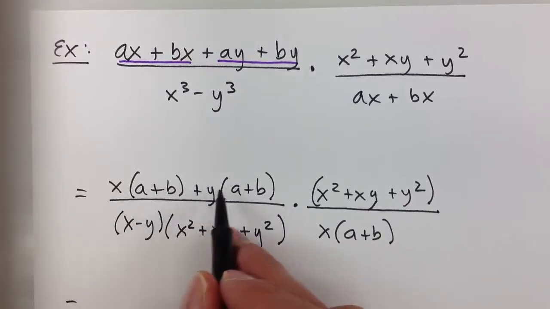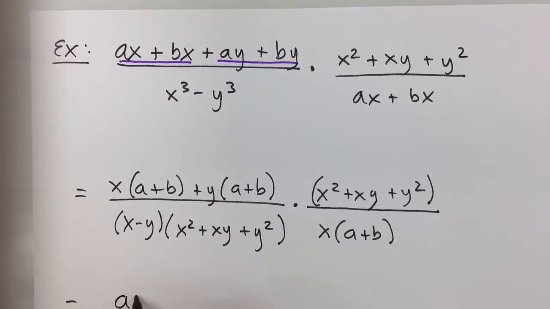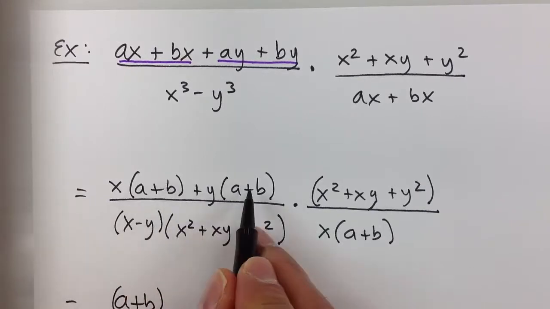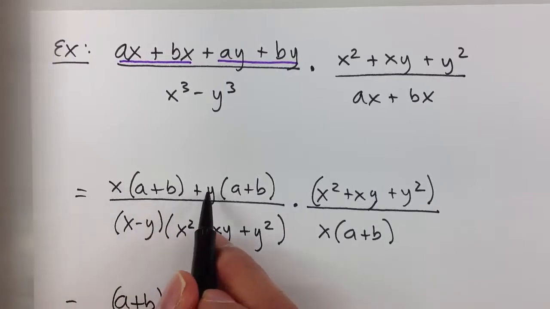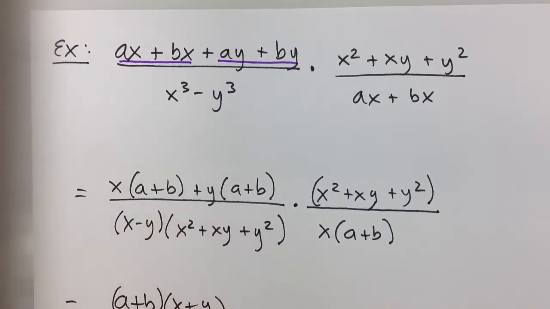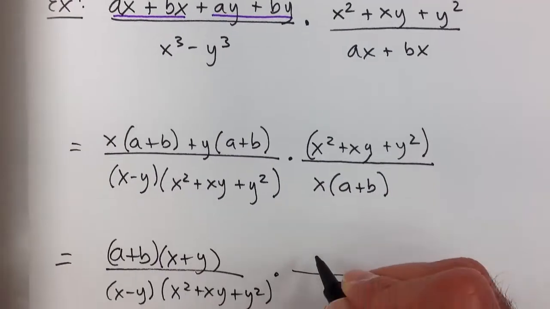The last step in factoring by grouping, as you may recall, would be to say that's really the same as a plus b, the matching factor, times x plus y, those little factors in front there. And that's all written over what we already have here, x minus y times x squared plus xy plus y squared. And everything on the right side should remain the same also.